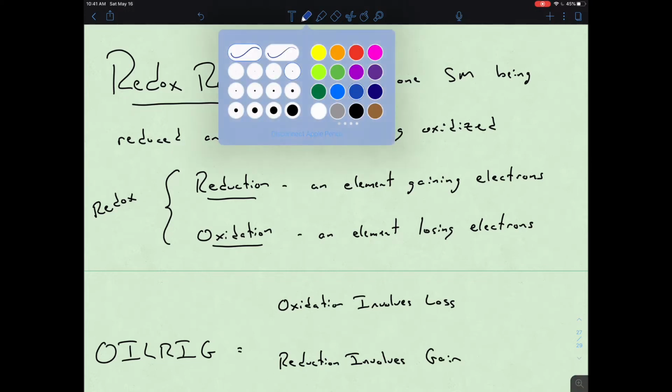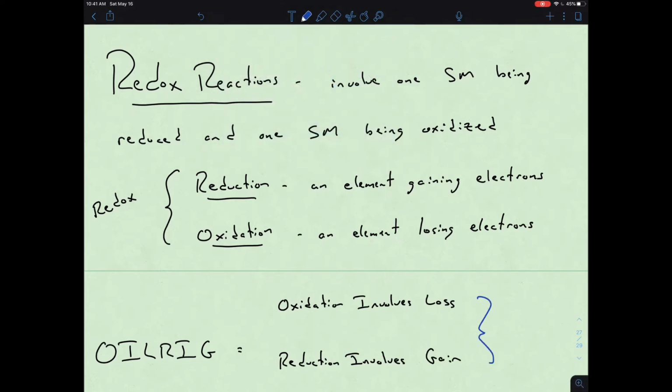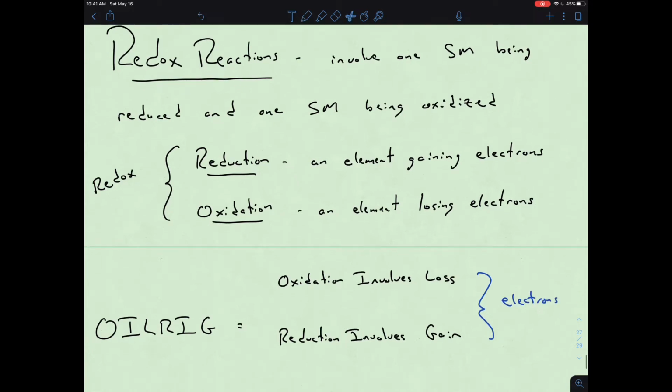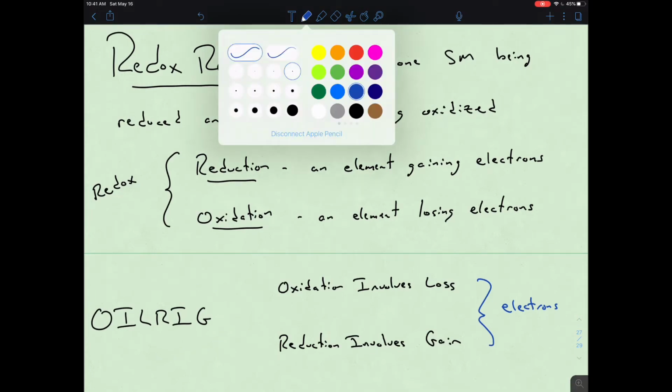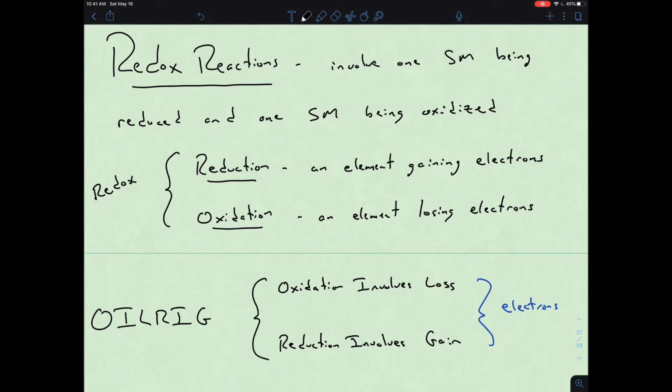And in both cases, right, we're talking about loss and gain of electrons. And that was an easy way for me to remember that in high school. And maybe that's an easy way for you to remember it here in terms of what's occurring. Oh, yeah, that's oxidation, that's loss of electrons, etc.